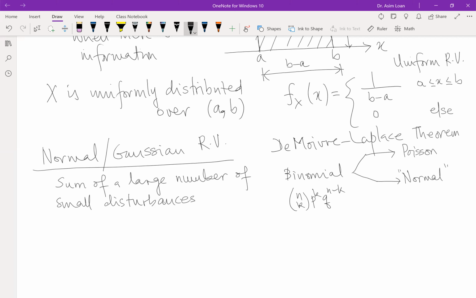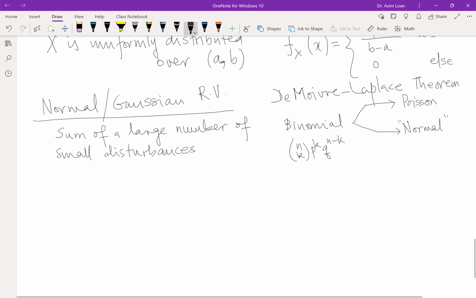In Brownian motion also you have a large number of small disturbances. Similarly, thermal noise is actually modeled by the normal or Gaussian random variable. This is the most important random variable in all of probability theory, whether it's the discrete or continuous case.